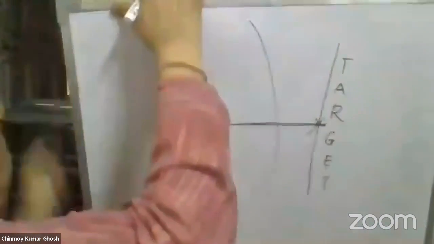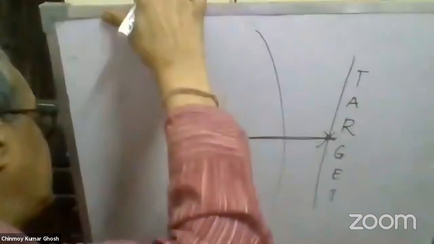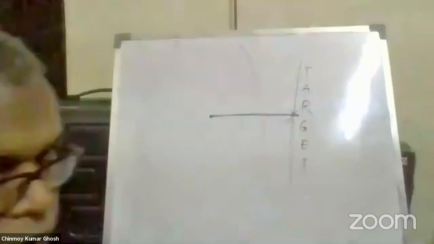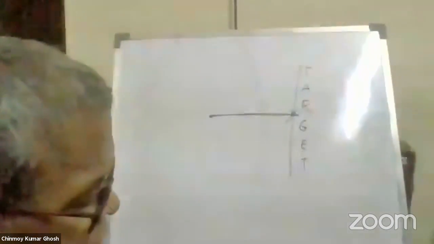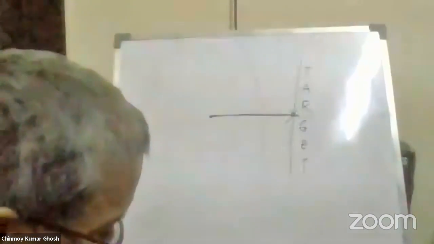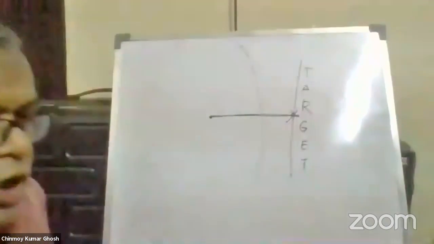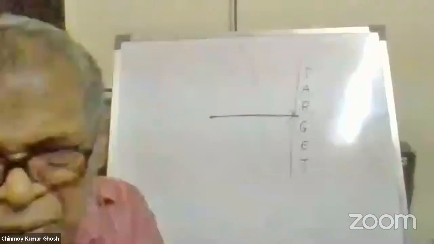So what is the nature of the track? Is it a parabola or a hyperbola or an ellipse or a straight line?